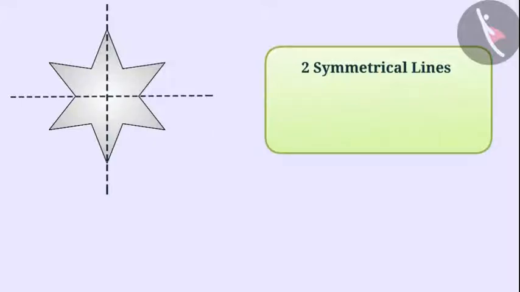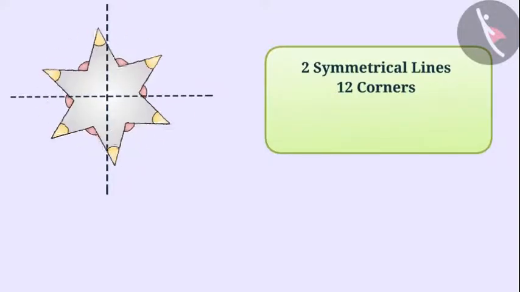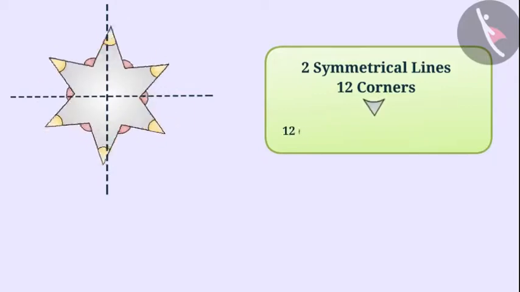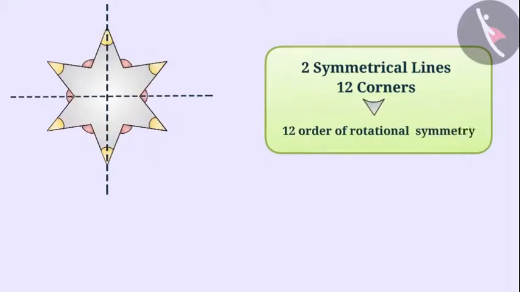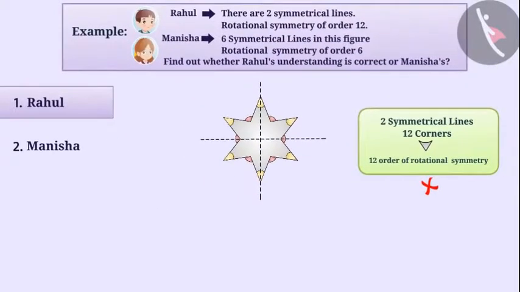Similarly, he counted all the corners, which is 12, and thought that since there are 12 corners, the order of rotational symmetry will also be 12. This is also a misunderstanding. So we can say that Rahul's understanding is wrong.